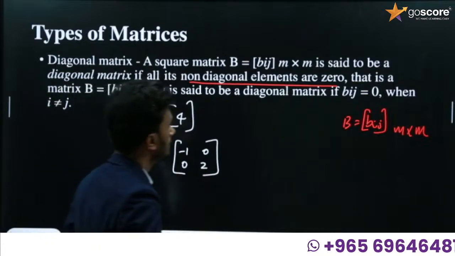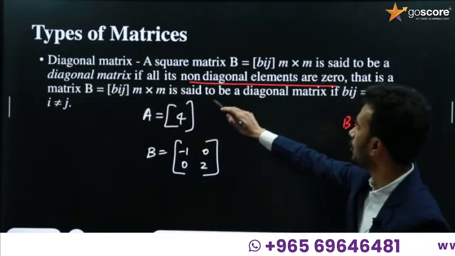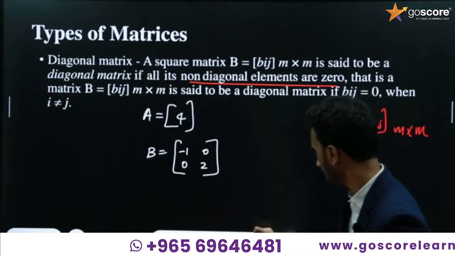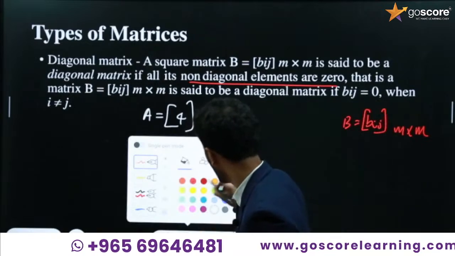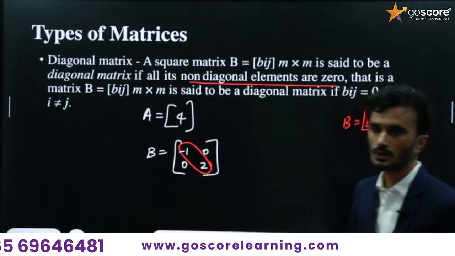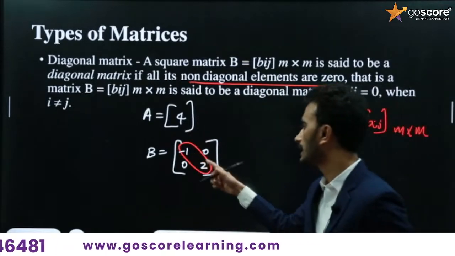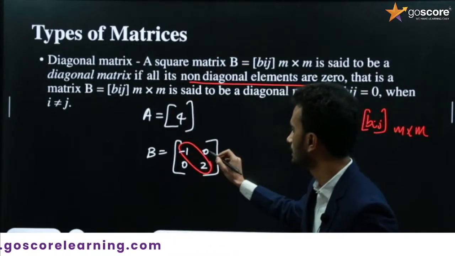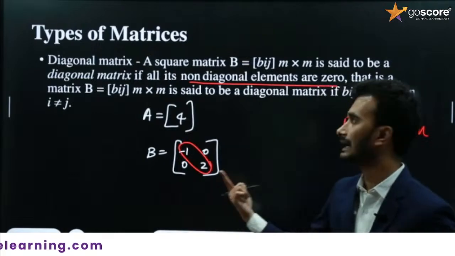What do you mean by non-diagonal elements? This one is the diagonal, or principal diagonal elements. I will show you. These elements 1 and 2 are called principal diagonal elements or diagonal elements. The rest of them are called non-diagonal elements.